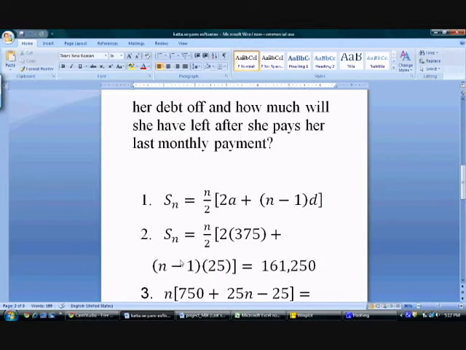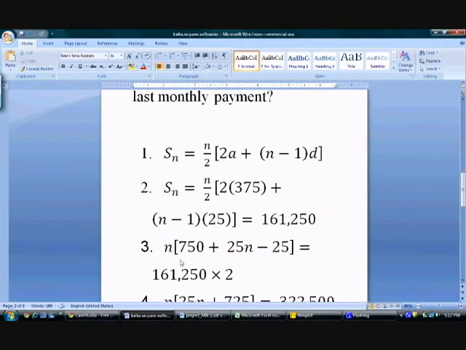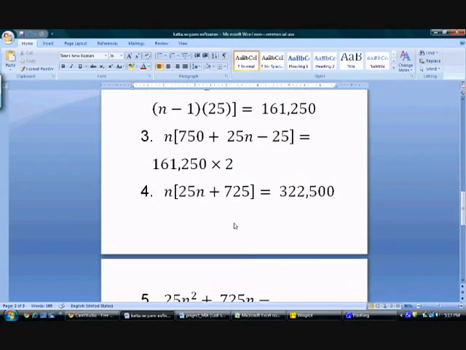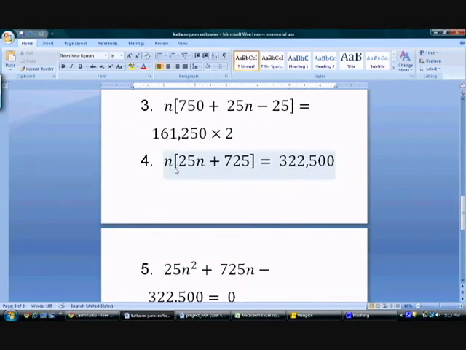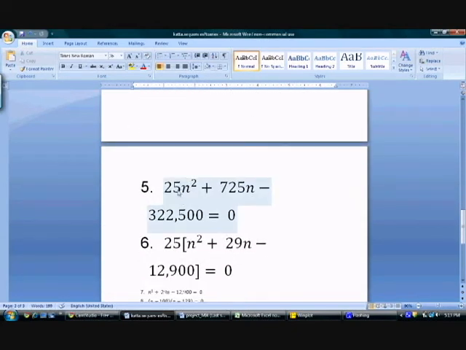So we need to plug in these variables and set the equation to equal the amount of debt she has to pay off, because that is the sum that her payments should equal. So once we have the equation, we set it to equal 0, and as you can notice, it becomes a quadratic equation.